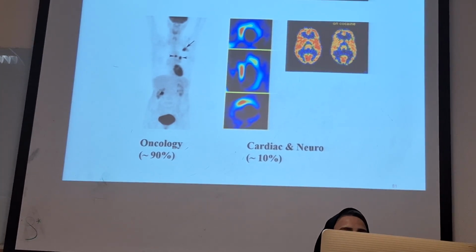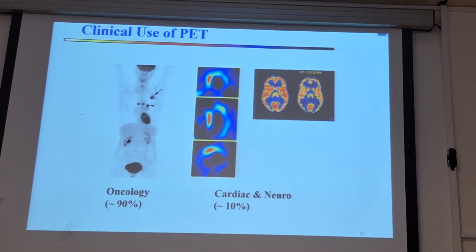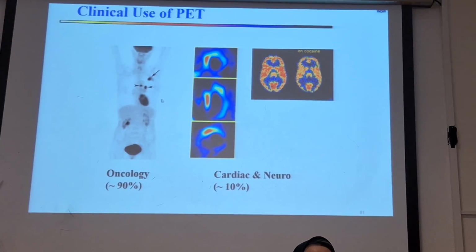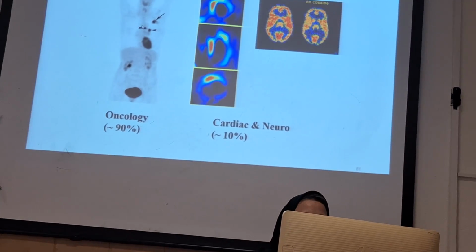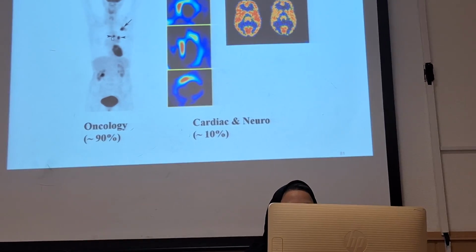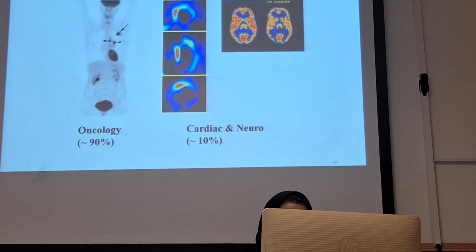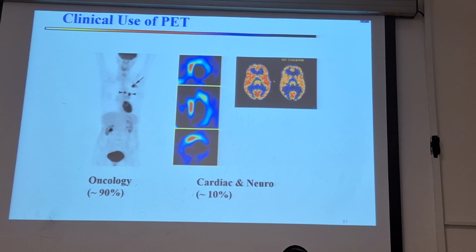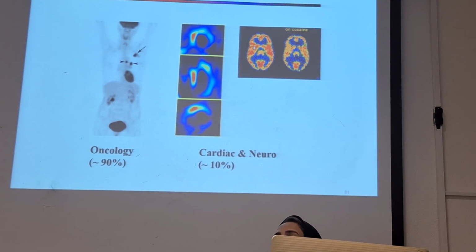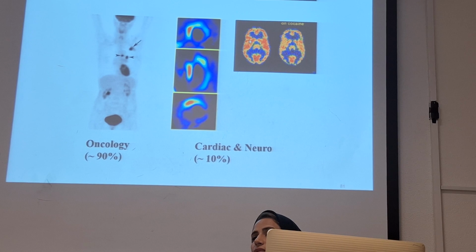This is the application of the PET in oncology. You can see here the cancer, because we have more uptake at these points. Or in the brain, you can see this red is the high activity point.